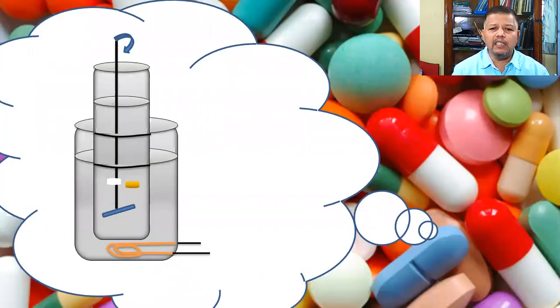The external condition is maintained because these are doses used for human beings, and human body temperature is most important. At this temperature, how much time they take to disintegrate the dosage forms like tablets and capsules. That is the first test.